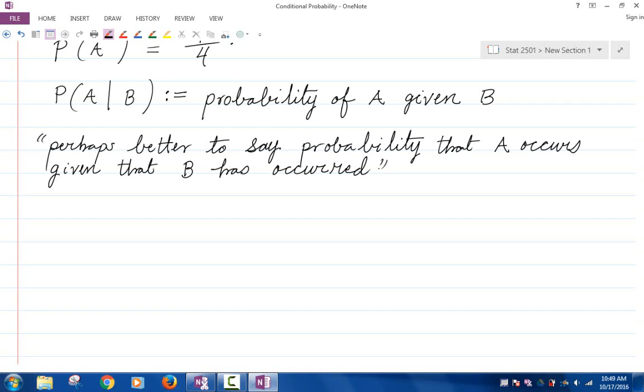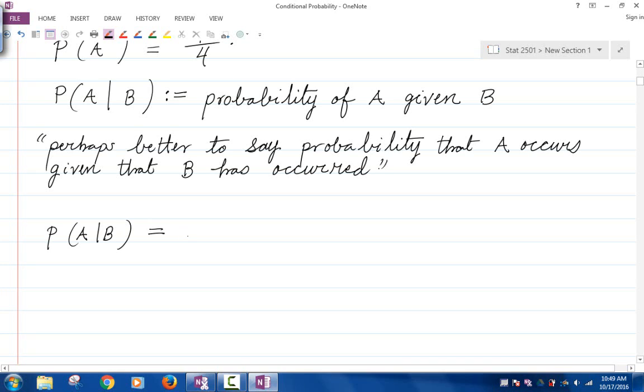Because I know that at least 1 head has occurred, I should be looking at the probability of A relative to the updated sample space B, because I know that B has occurred. I know the outcome is in B, and I want to know what's the probability that the outcome is in A. Is that making sense?